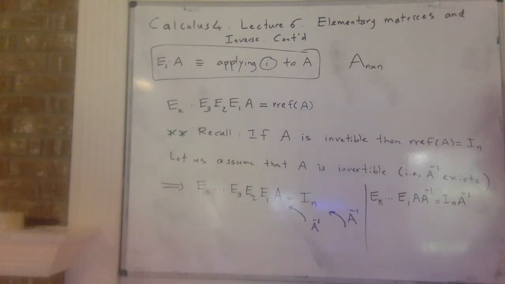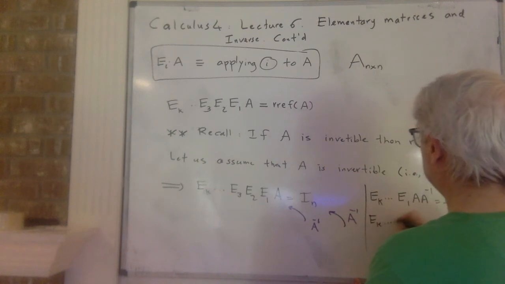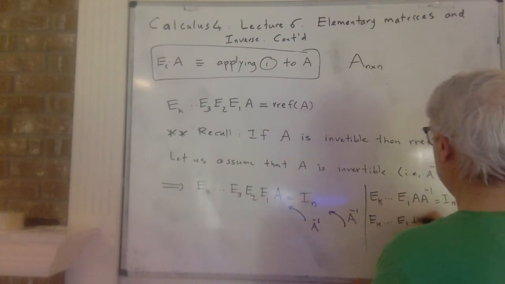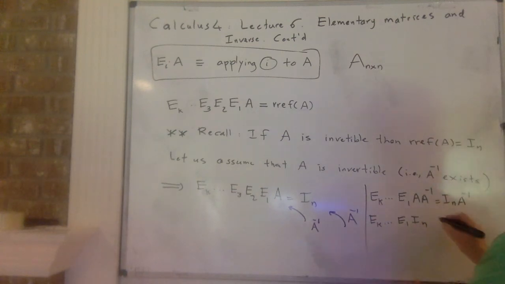So I have this. A inverse is IN. So EK E1, IN, and I have a reason to write IN here. Because you might say, okay, IN times anything doesn't make any difference, so I can just ignore this IN. No, there is a reason I wrote this. Is A inverse.